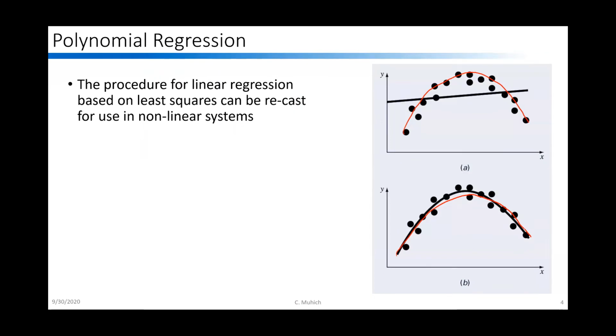So what we're going to do, as I mentioned before, is recast the problem of fitting a non-linear equation, or fitting a parabolic equation, into fitting a system of linear equations. We're going to do this using sum of squares.